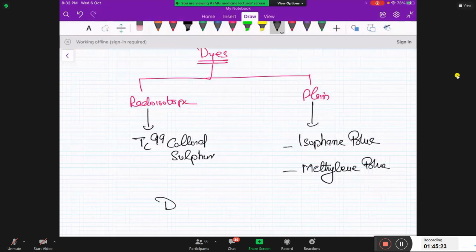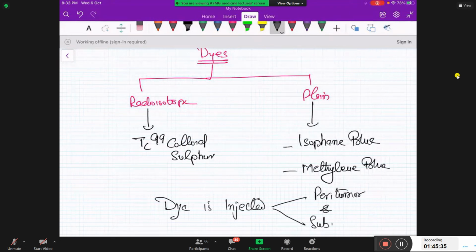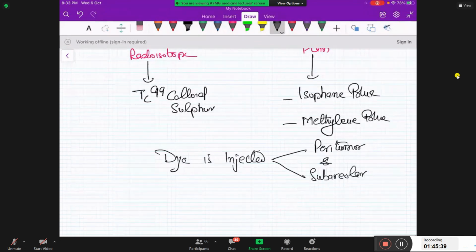Dye is injected peritumor and subareolar.